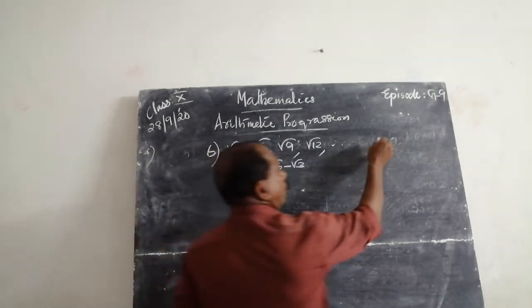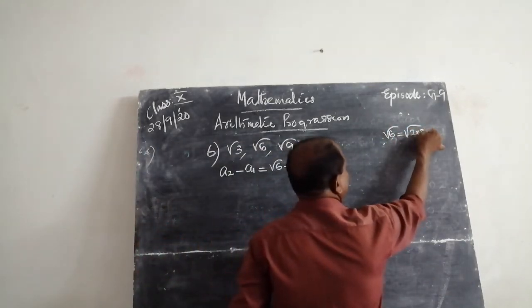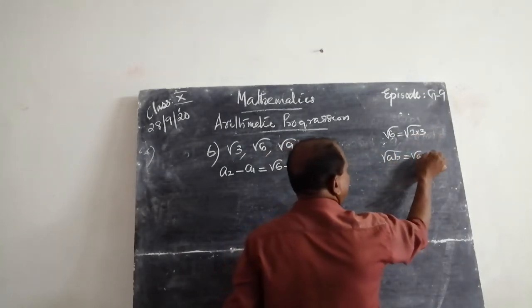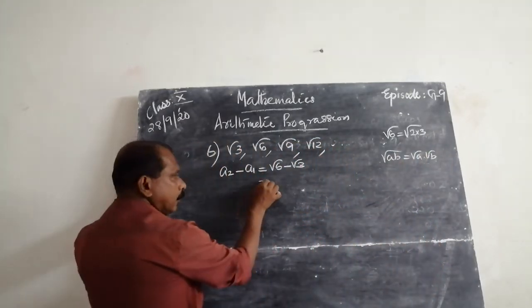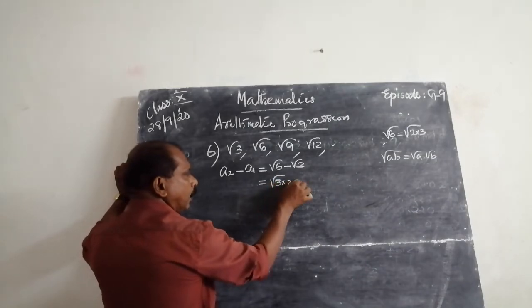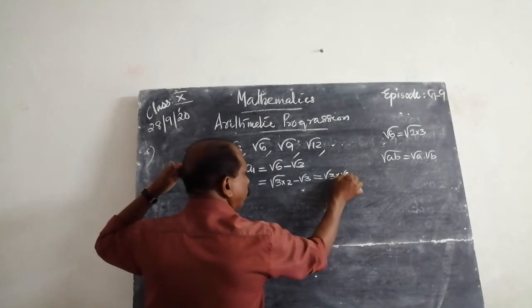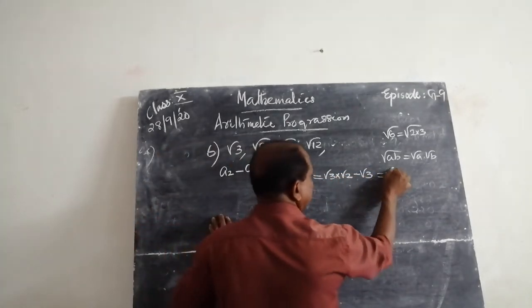We know that root 6 is equal to root 2 into 3. Root A into B is equal to root A into root B. Therefore, we can write it as root 3 into 2 minus root 3, that is root 3 into root 2 minus root 3. Root 3 taken as common.